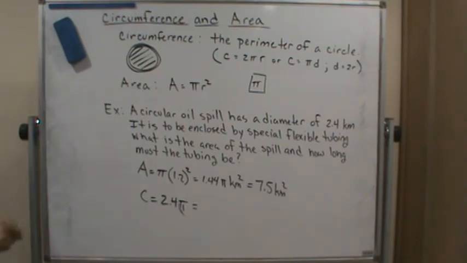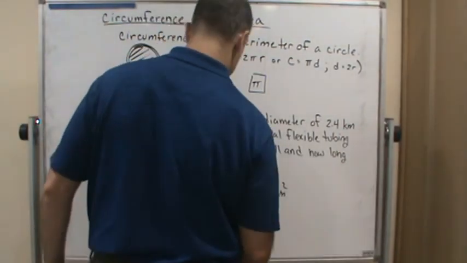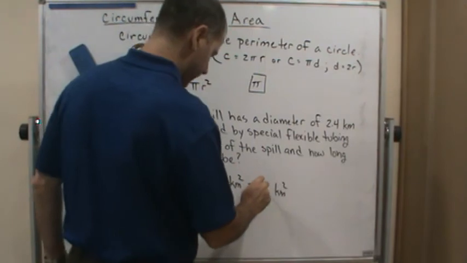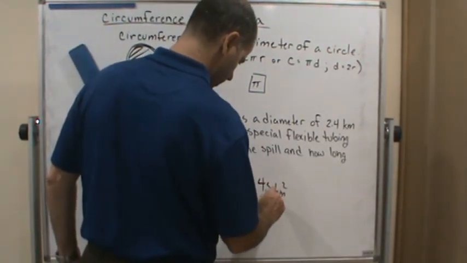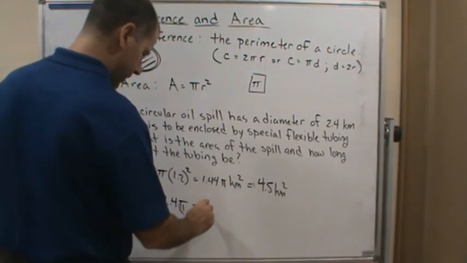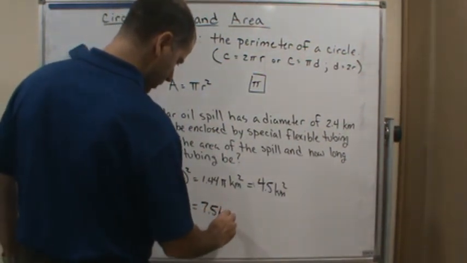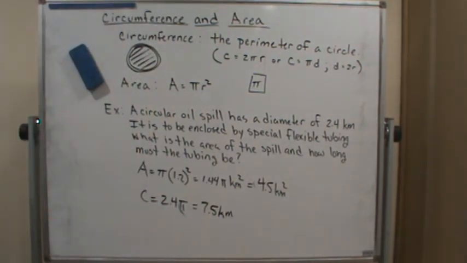Oh, hold on a second. I got this wrong. I looked at the wrong number. That's not 7.5. That's 4.5. 4.5 kilometers. This is 7.5 square kilometers.